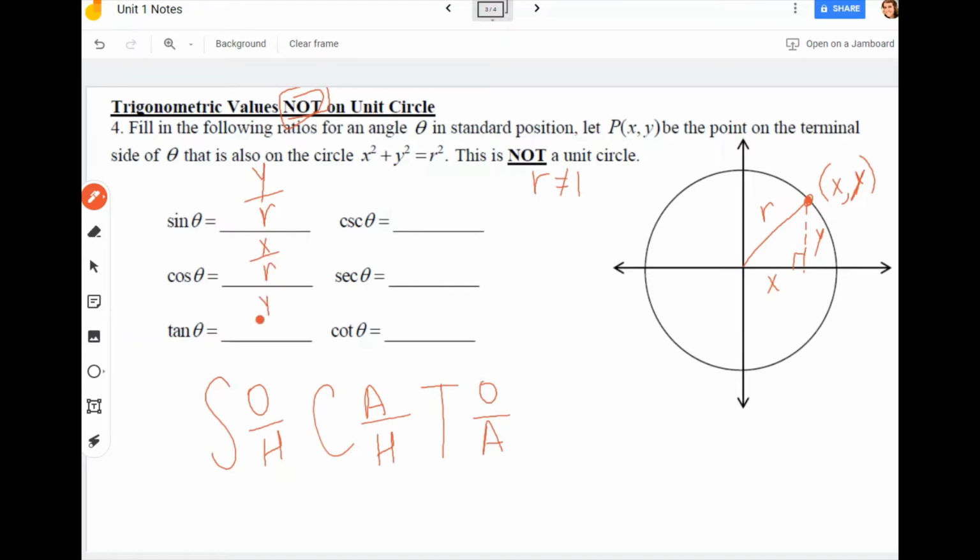And then tangent does stay the same as y over x. Now thinking about those reciprocals, all we're doing is flipping our fractions: r over y, r over x, and then x over y. So again, these are for finding the trig values of a point that is not on the unit circle.